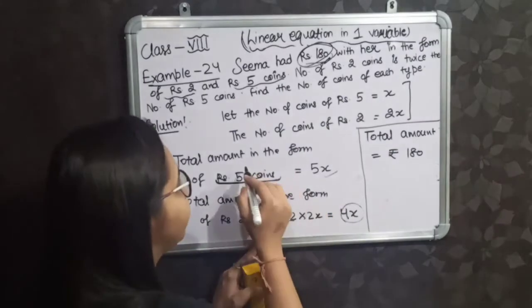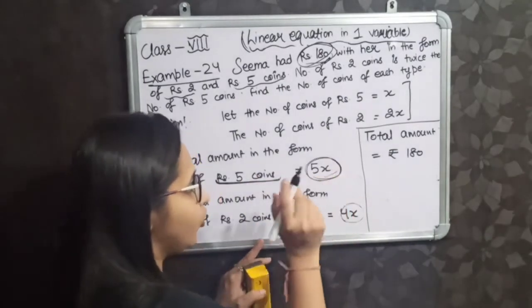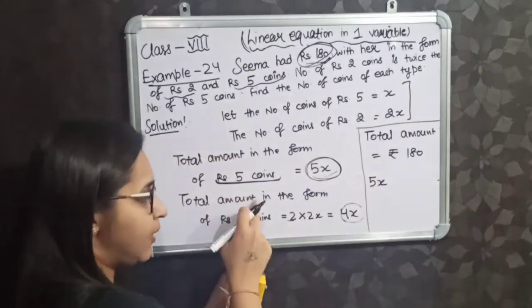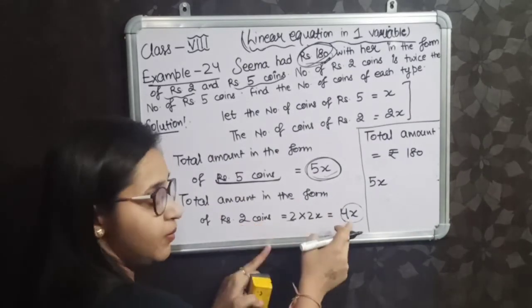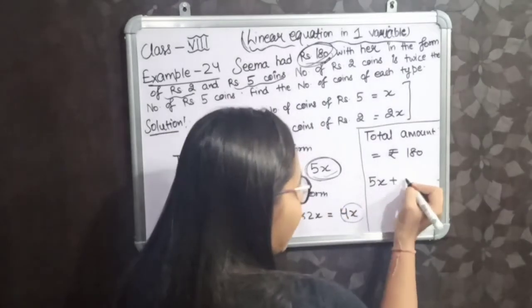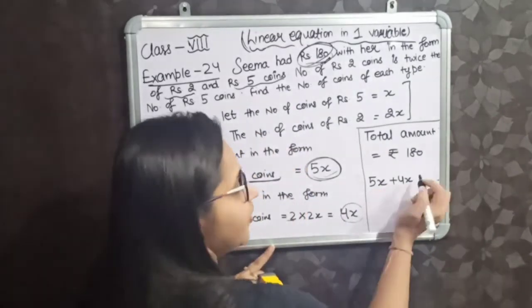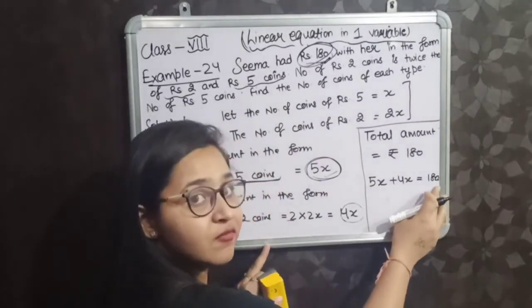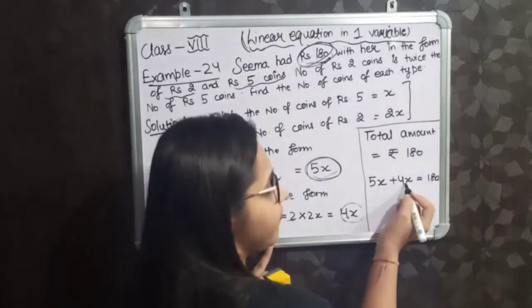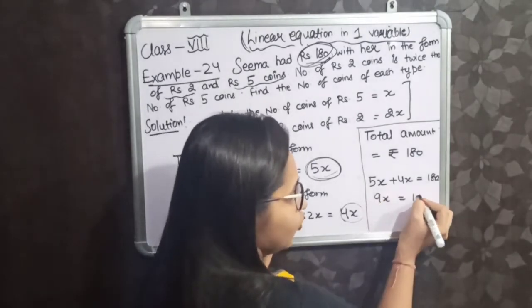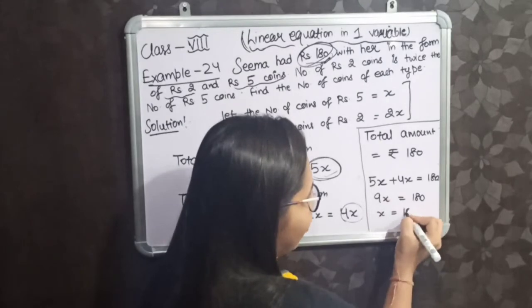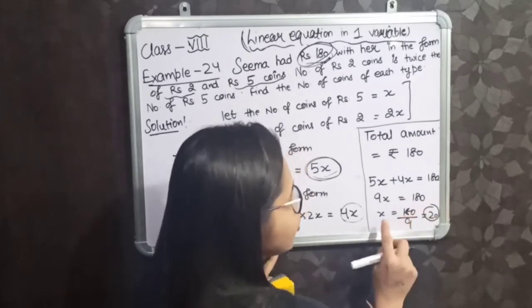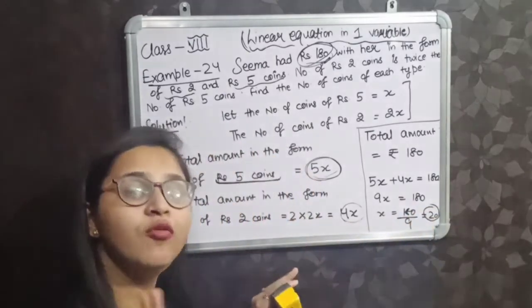We know the total amount of rupee 5 coins is 5X, plus the total amount in the form of rupee 2 coins is 4X. So I will add that and this will be equal to 180. Why? Because the total amount was 180. So I will solve this equation. 5 plus 4 is 9X, equal to 180, and it will give you the value of X. X is equal to 180 by 9, and that is equal to 20.